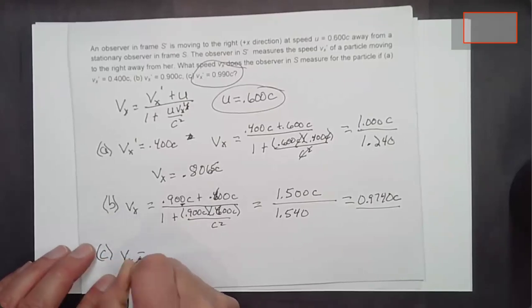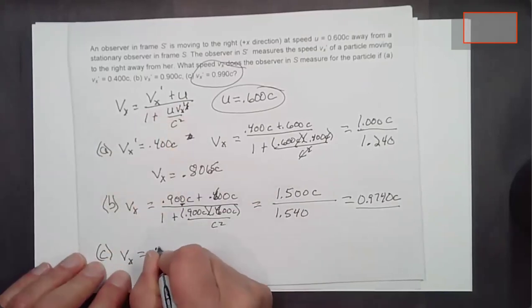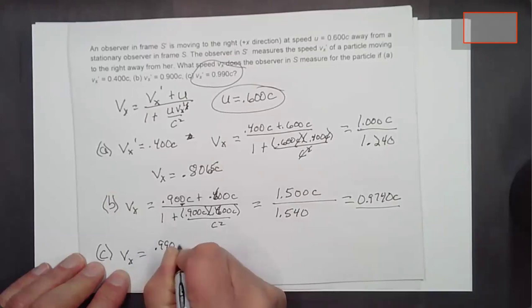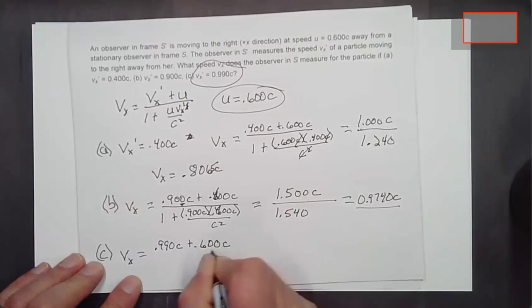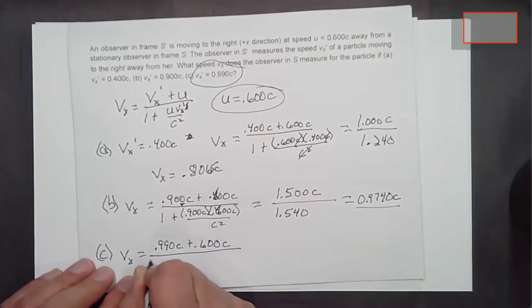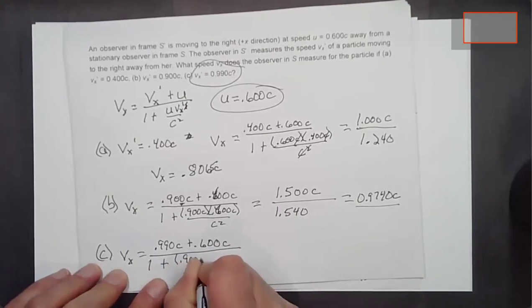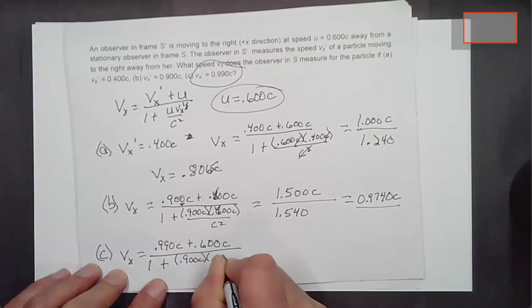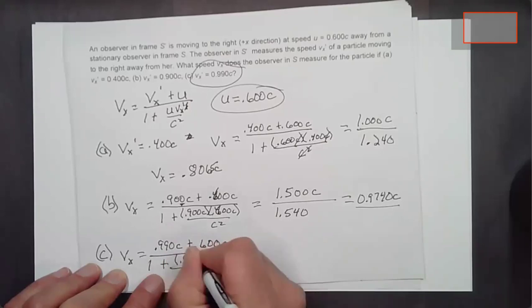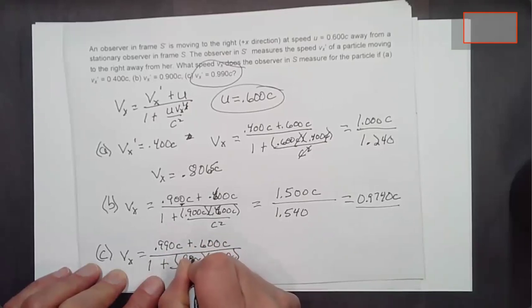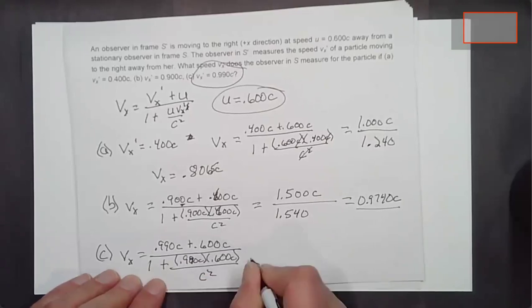v sub x will equal v sub x prime plus u. So 0.990 c plus 0.600 c, all over 1 plus 0.990 c times 0.600 c, over c squared.